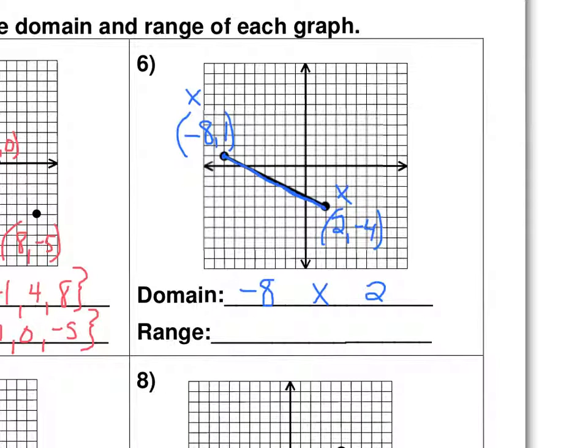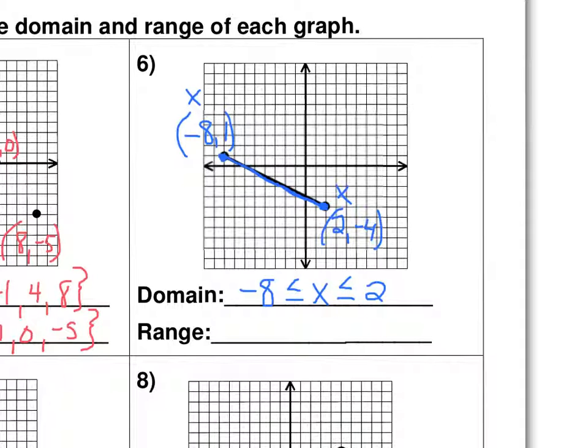Now because this has a closed circle, that means -8 is included and 2 is included. So x is going to be greater than or equal to -8 and less than or equal to 2. And that's how you write the domain.